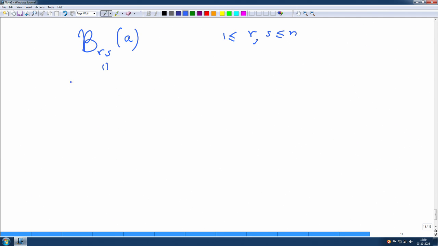This is E_n plus a E_rs. The rs entry is a and everywhere else it is as in the identity. So first thing to note is, if r is less than s, what did we do here? This is ones on the diagonal and a somewhere. a can be here or here. So if s is bigger than r, then it is upper triangular.